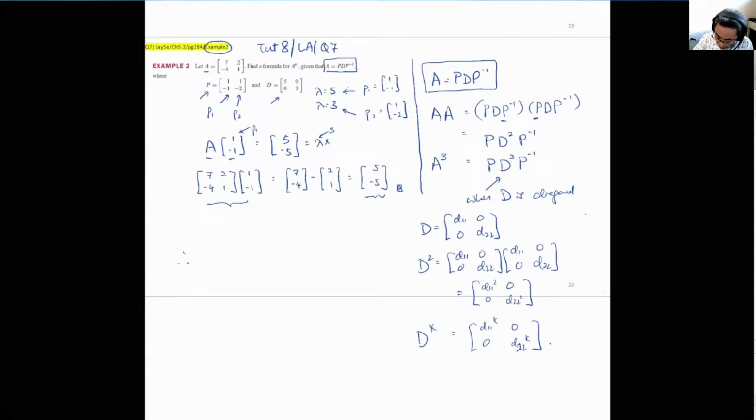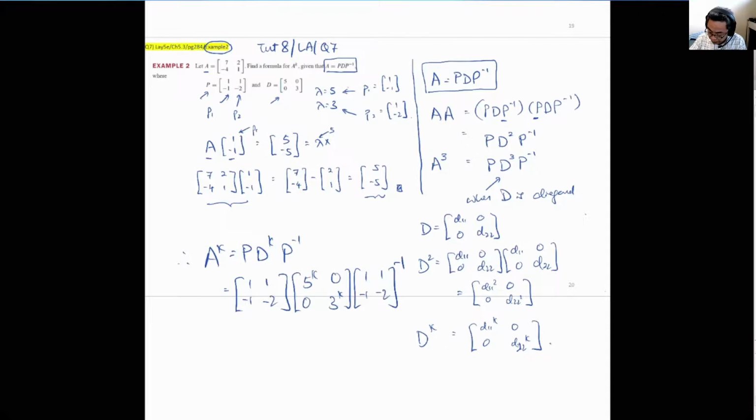Therefore, Aᵏ is equal to PDᵏP⁻¹, which is equal to, and then we can write out the matrices: [1, -1; 1, -2], then [5ᵏ, 0; 0, 3ᵏ], and then the last matrix is the inverse of [1, -1; 1, -2].